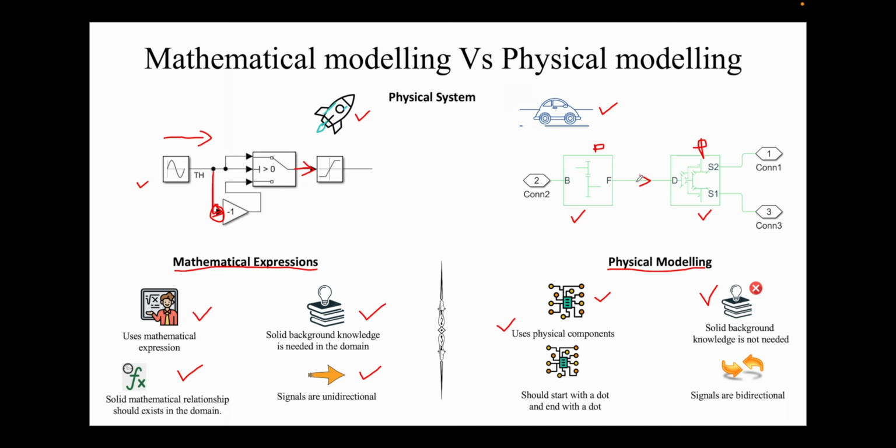Here these signals are bidirectional, and will behave like an actual physical signal. Like if you are pushing some block, the block also exerts a reaction force on your body, so that you can feel it. Such things will be there in physical modeling.